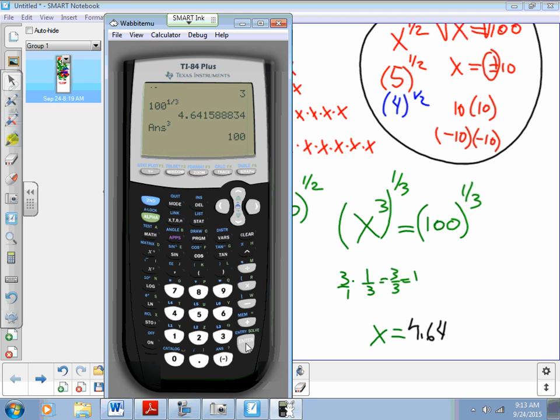You see, I go back to 100. And the reason why is, when you multiply 4.641588834 by itself 3 times, it's the same as going backwards of 100 to the 1/3 power.